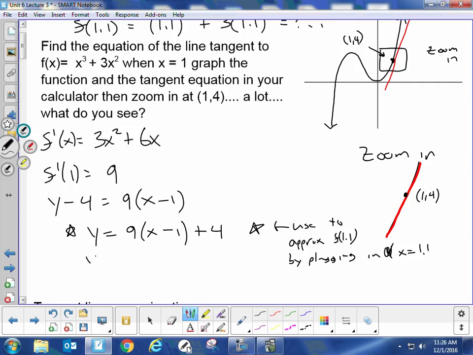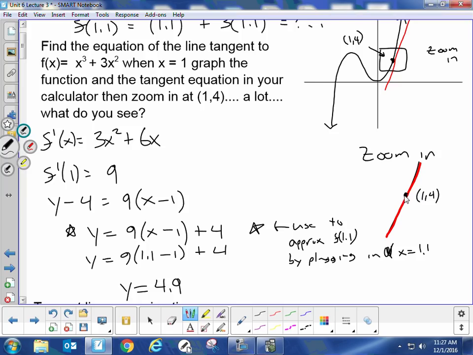So let's see what we get. 9 times (1.1 minus 1) plus 4. 1.1 minus 1, that's just 0.1. 0.1 times 9 is just 0.9. We know that if we're multiplying by 0.1, we're just going to move the decimal place over once. 0.9 plus 4 is 4.9.